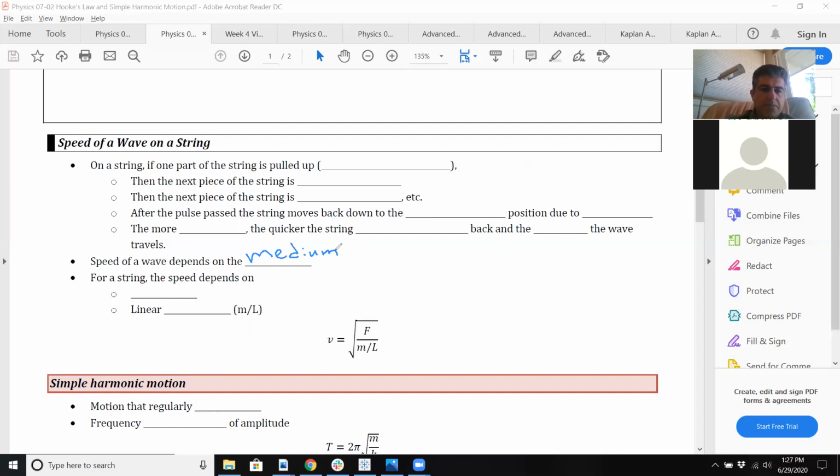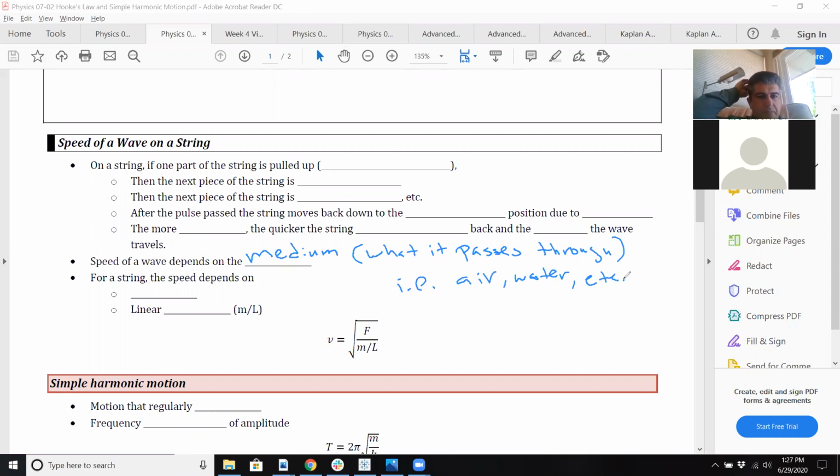Medium means what it passes through, for example, air, water, etc. Certain mediums can slow it down. And sometimes if the air has pollution or other stuff going on, that could also impact it.